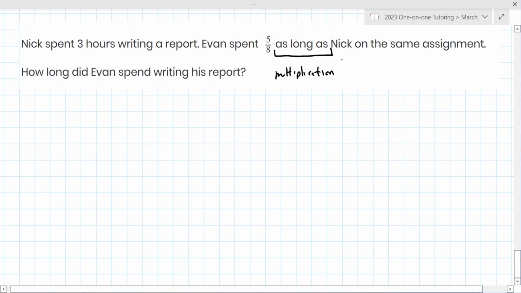So which two numbers will you be multiplying? 3 and 5/8. Okay, so I'd like you to multiply those together, please, and then reduce if at all possible.